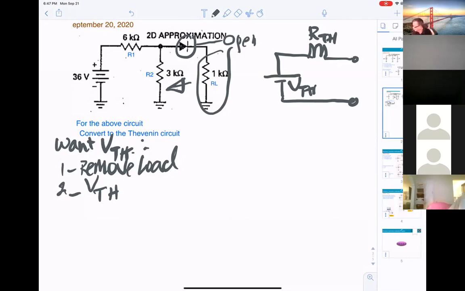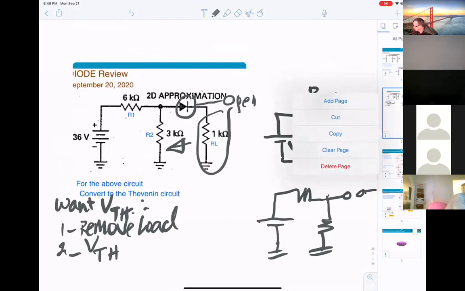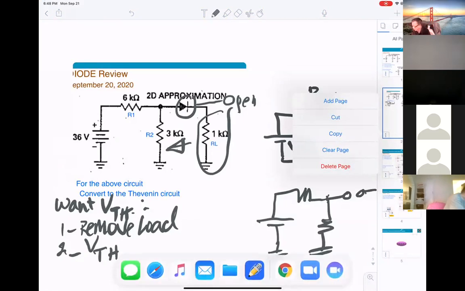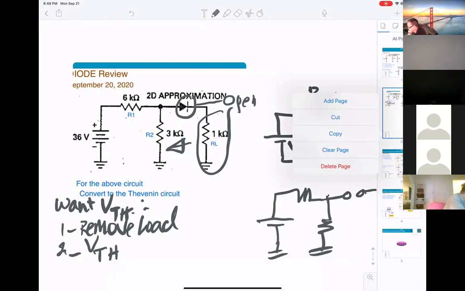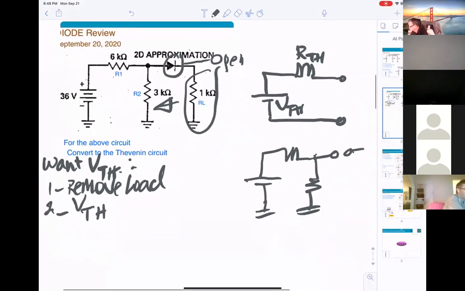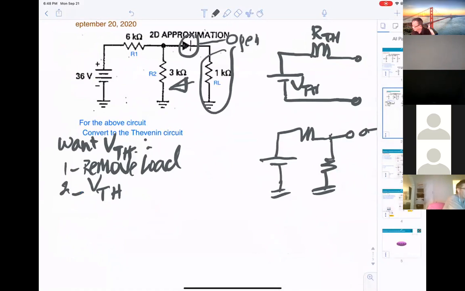You can get a diode. If you get a circuitry, they will look like this, and this diode here will be open. So when you're looking into the circuit, what does V Thevenin equal?